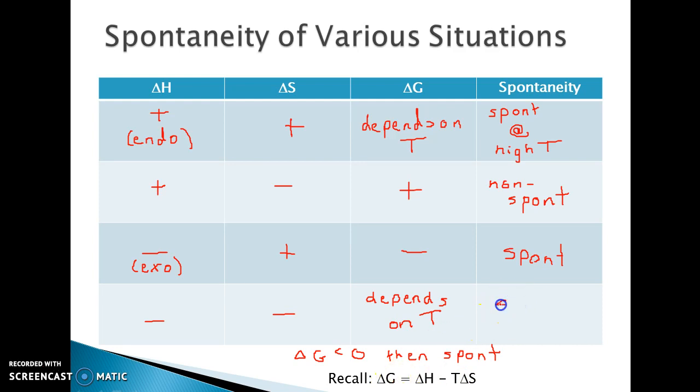So these processes will be spontaneous at low temperatures. Okay? So this thing right here, the fact that delta G has to be negative to be spontaneous is going to be the key to this whole thing. So make sure you've written that down.